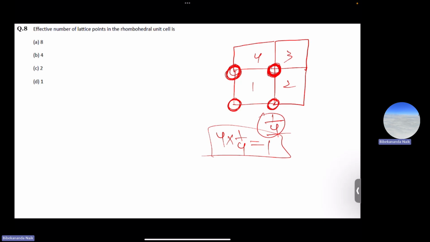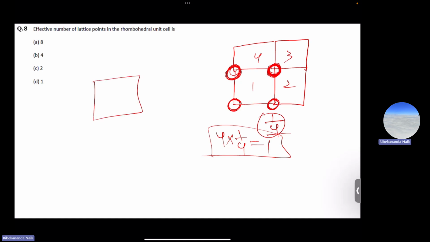If you stack another 4 above that structure, there will be 8 crystals to cover the atom. So the atom is equally contributing to 8 unit cells, and the contribution of each atom to one unit cell is 1 by 8.